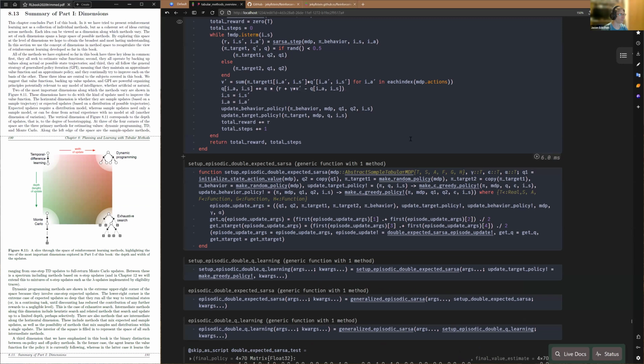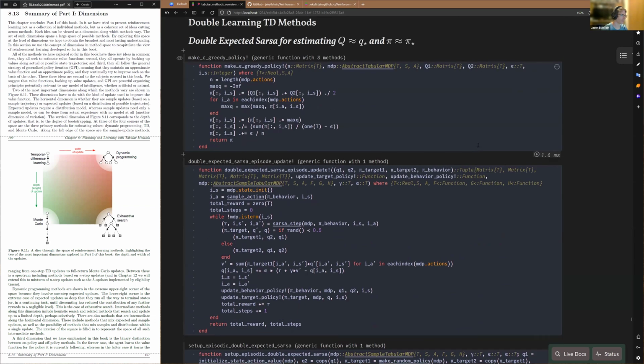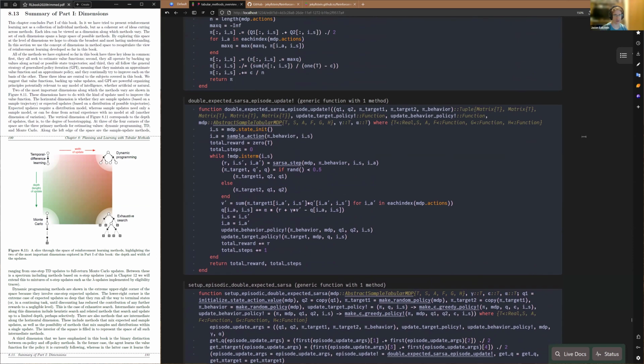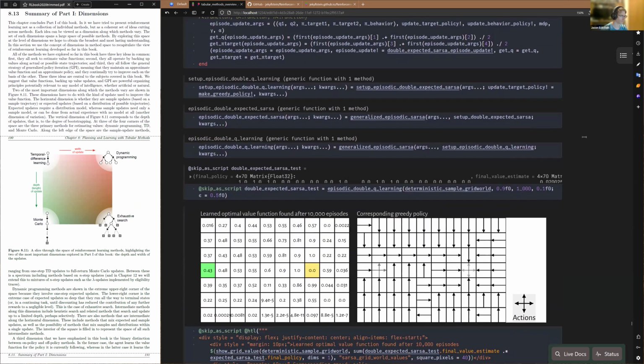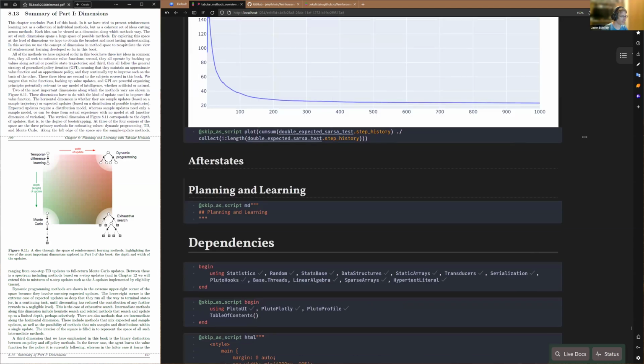But it ends up conceptually being the same as expected SARSA and SARSA. It's just that it has a little trick to help it converge faster, especially in an environment with high variance in the rewards.